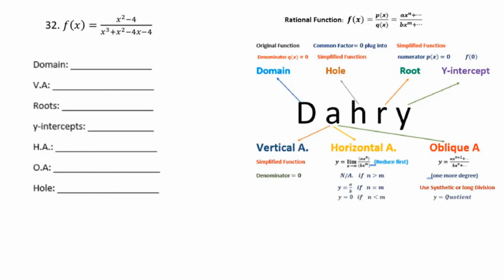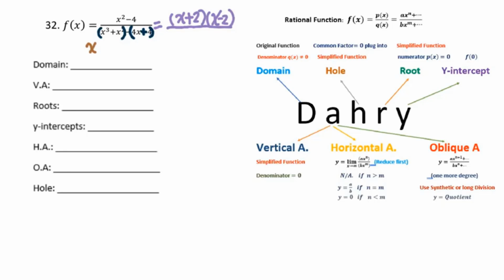Let's go to 32. First of all, we need to factor top and bottom. So we got x plus 2, x minus 2 for those factoring. Denominator, since we have 4 terms, we can do grouping. Turn into adding.